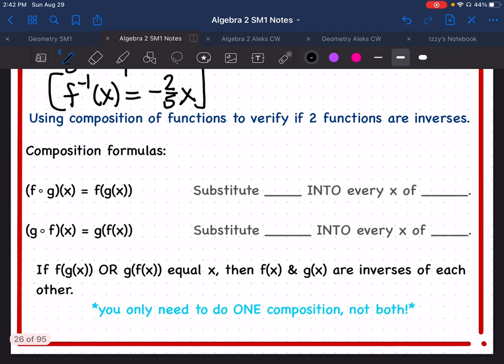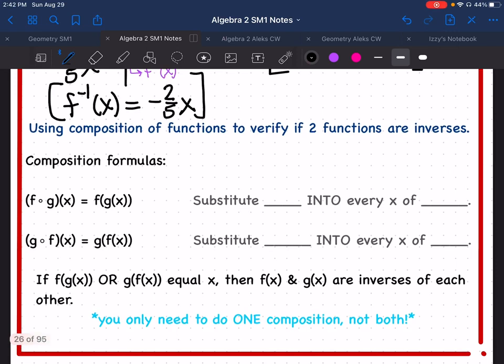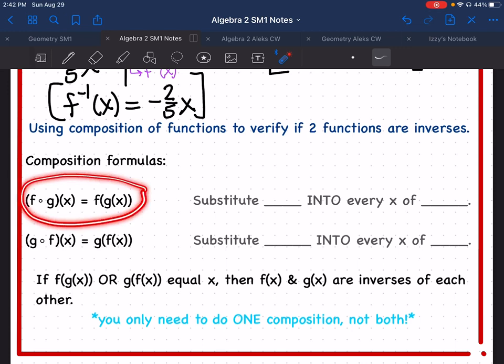All right. We could use the composition of functions to verify if two functions are inverses of one another. My composition formulas look like this. F of g of x. This is more commonly used than this part right here, but you can see either one.